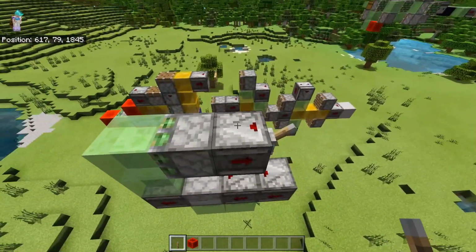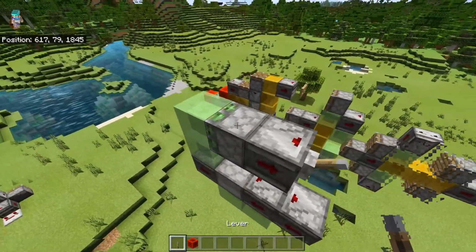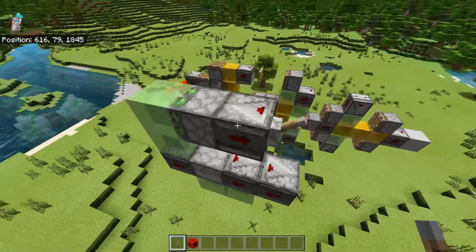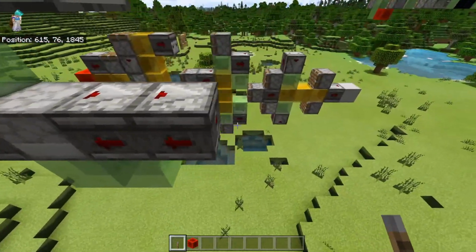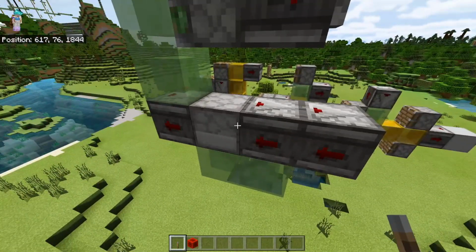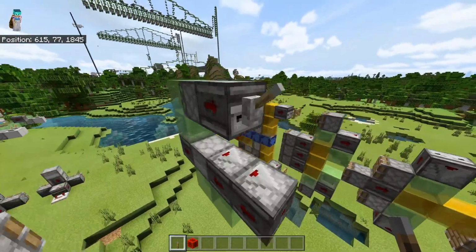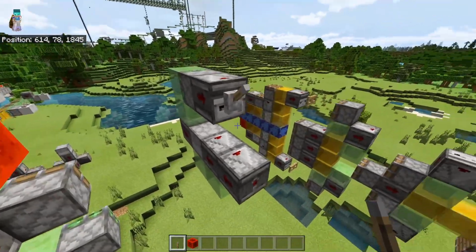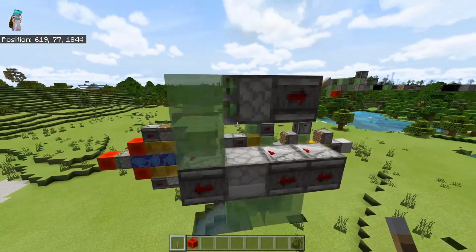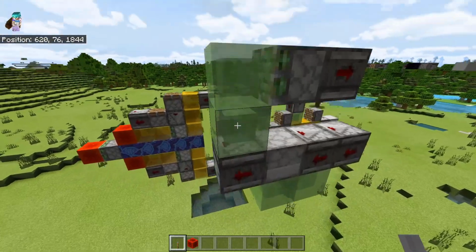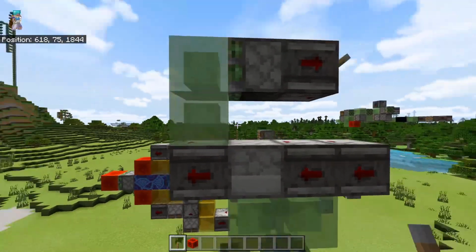So if you're using sticky pistons and pistons for timings, and then you want it to transfer to a redstone signal with observers instead of pistons and slime blocks, then you would use this, which is an observer facing power into the sticky piston, which is attached to 2 blocks.